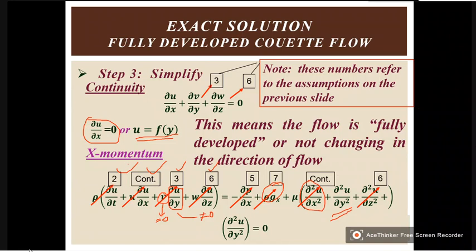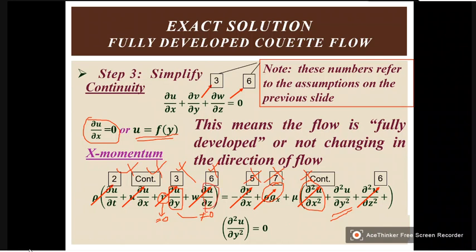So here this is absent, this is absent, and so on. And why is this absent? Because it is two-dimensional flow and the sixth assumption. Same here.